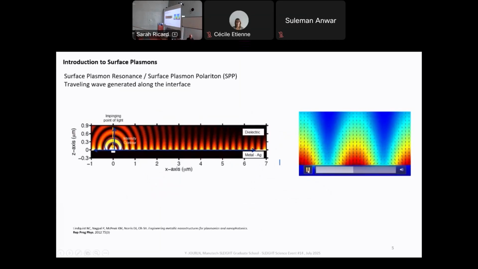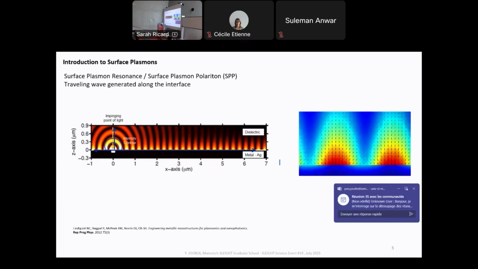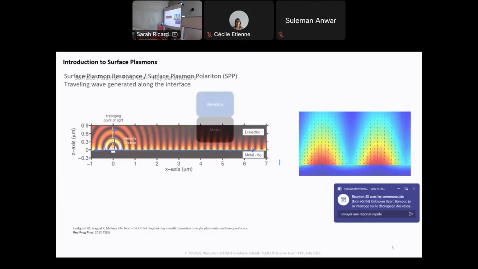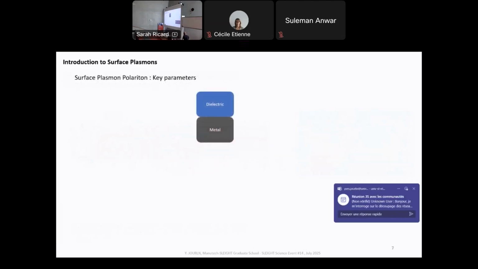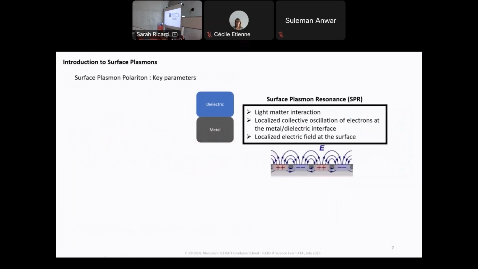And here we have a propagation wave along the surface, and we will consider the electric field, and I will slowly introduce the interest of this for a sensor. So let's consider this interface, dielectric and metal.